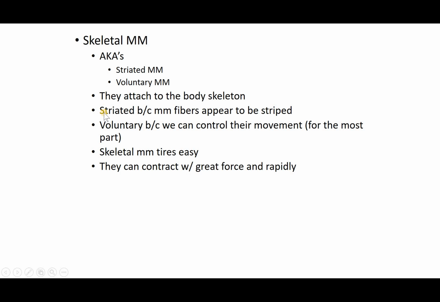They are striated because when you look at them under a microscope, they have a straight line appearance, or striated. Skeletal muscle is attached to our skeleton, so these do attach to bone, and they do contract with a great amount of force, and you can contract them rapidly.